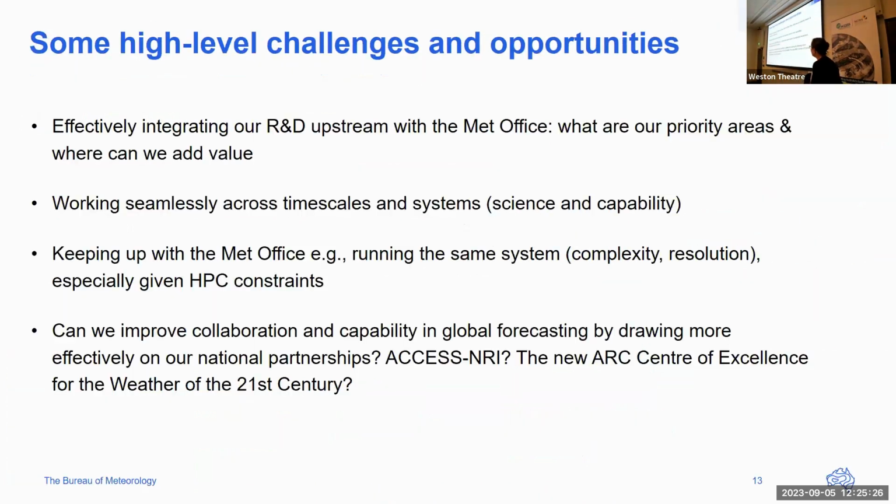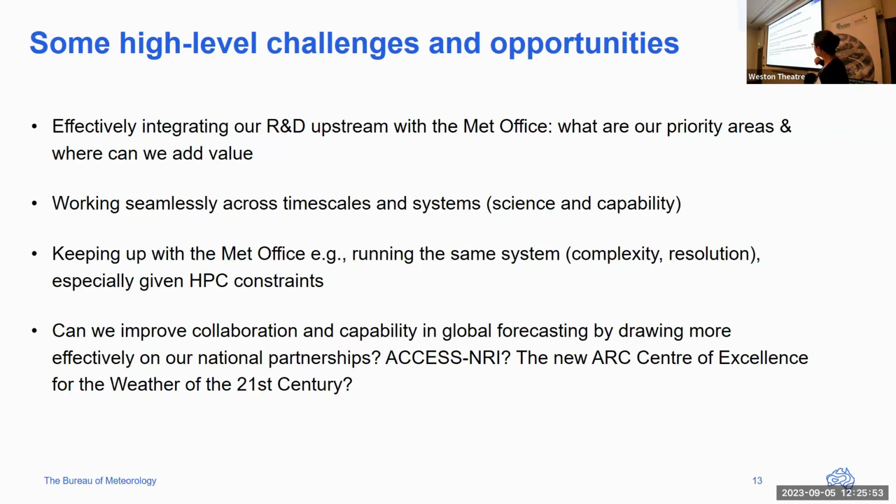So finally, I think we have some both challenges and opportunities going forwards. We need to be able to work with the Met Office, but work out what our priority areas are, and where we can actually most add value. It's a challenge to work seamlessly across the forecast timescales, and it's also a challenge keeping up with the Met Office.